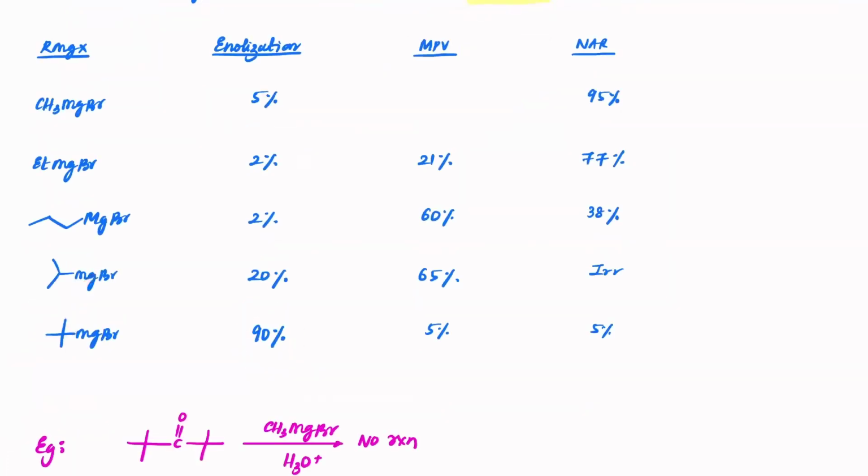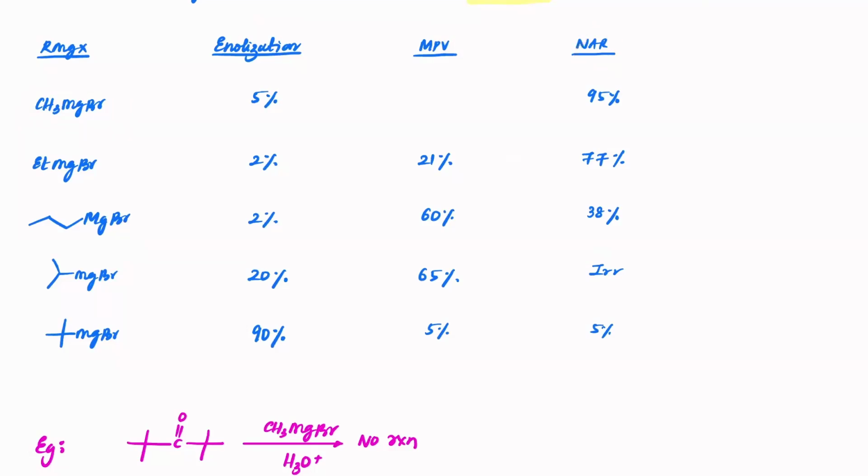So have you noticed that as the bulkiness starts increasing, the reaction goes more from nucleophilic addition to MPV to enolization. Highest bulkiness means you should only think in terms of enolization. If the bulkiness is more on the Grignard's reagent, then you should think about MPV. If there is no bulkiness on either of them, then nucleophilic addition is more favorable.